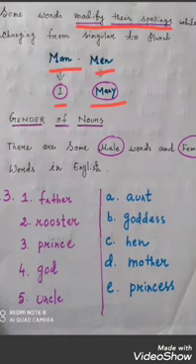So, there are some male words and some female words. The words boy, man, grandfather and ox are male words. The words girl, woman, grandmother and cow are female words. These are called gender of nouns. These are called what? Gender of nouns.